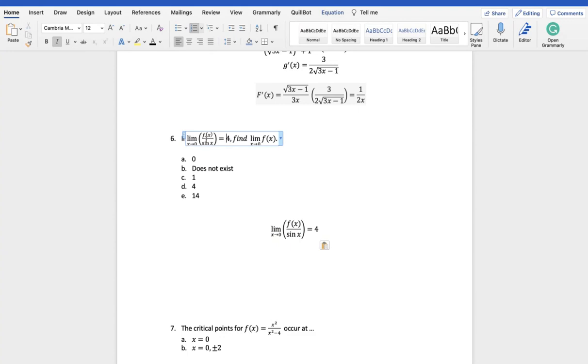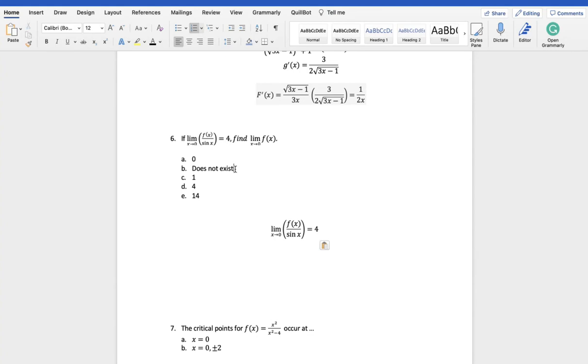So whatever the limit of f of x is, it does exist, because when you derive that limit with the limit of sine, as x tends to 0, you get 4. The question already tells you that. So option B is not even something that you have to consider, right? So it's already out.